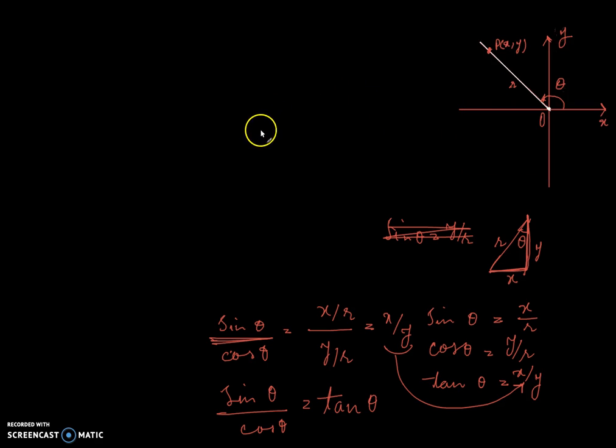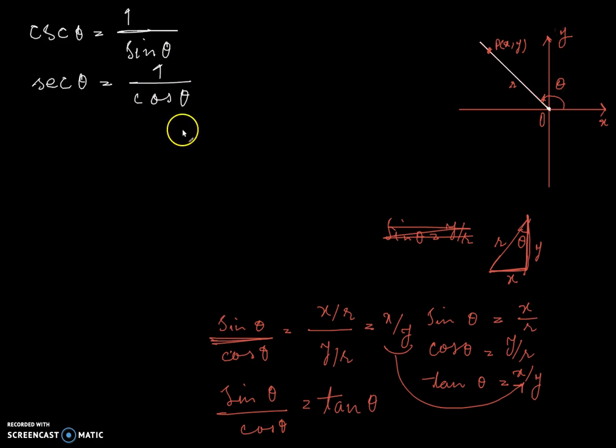And the important ones are basically cosecant theta is equal to 1 by sine theta. It's always like that. The reciprocal of sine theta is always cosecant theta, and secant theta is always equal to 1 by cos theta, and cot theta is equal to 1 by tan theta.